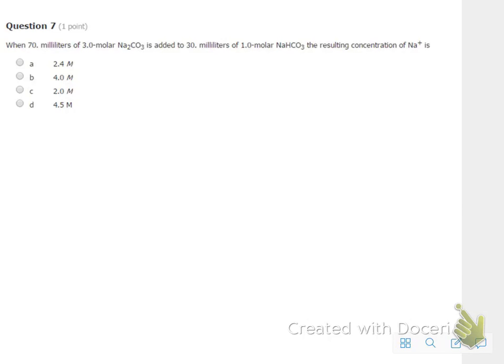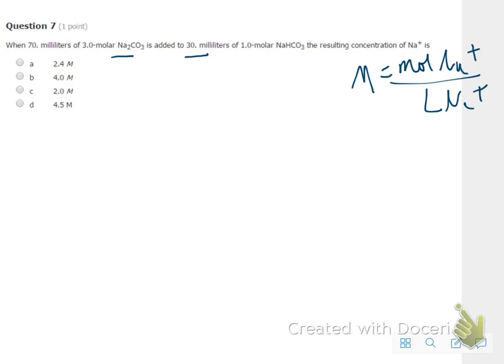All right, when 70 milliliters of 0.3 molar sodium carbonate is added to 30 milliliters of 1 molar sodium hydrogen carbonate, the resulting concentration of sodium ion is, okay, so I'm trying to find the concentration of sodium, so that's going to be the moles of sodium plus over the liters of solution.